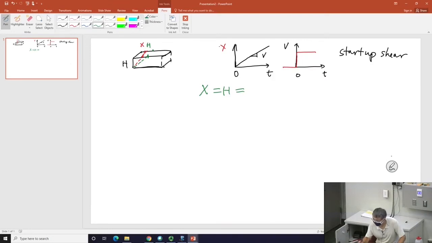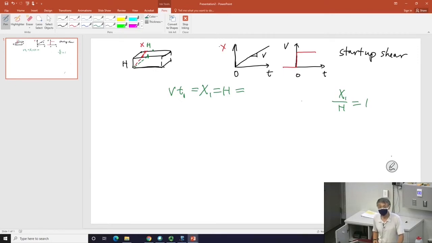Well, you know it, because x is v times t. You are just asking a particular time when you have moved 1h to the right, that's x over h equals 1. Let's call that x1.